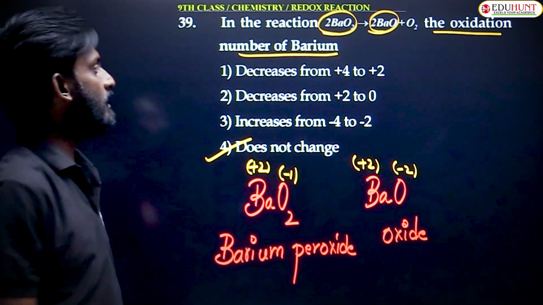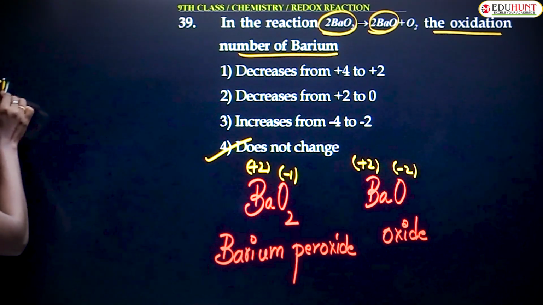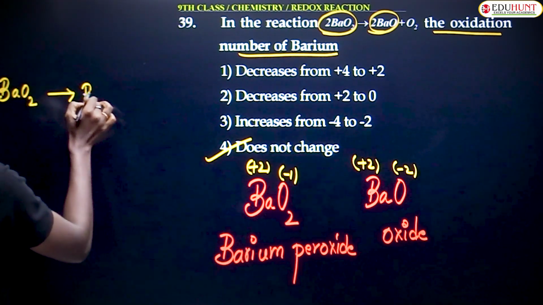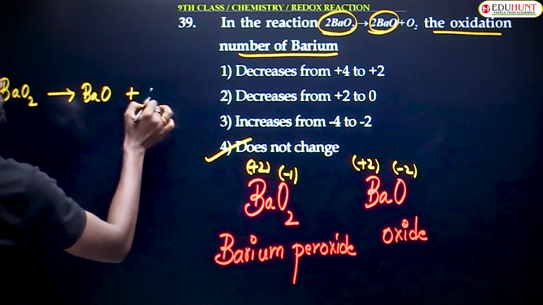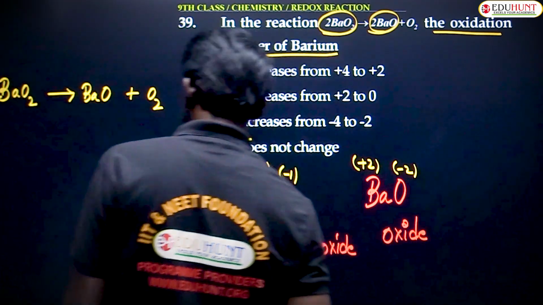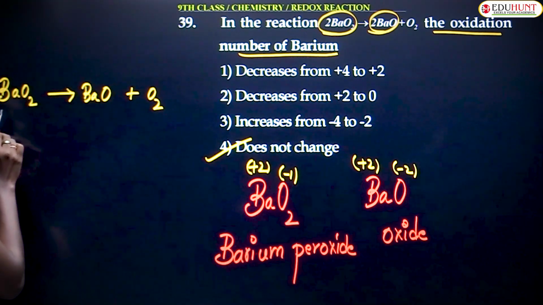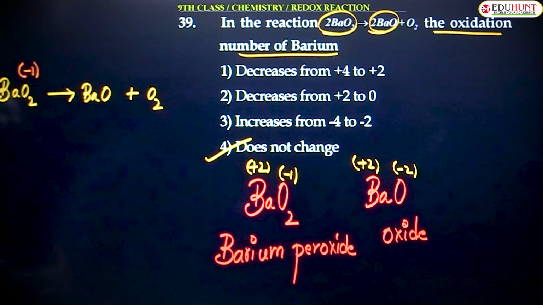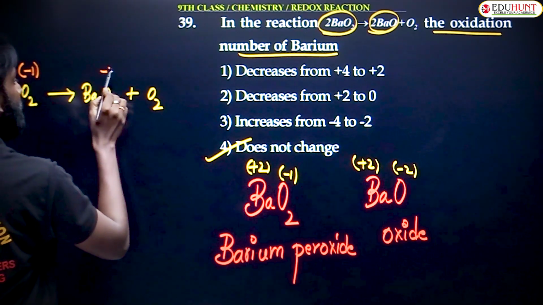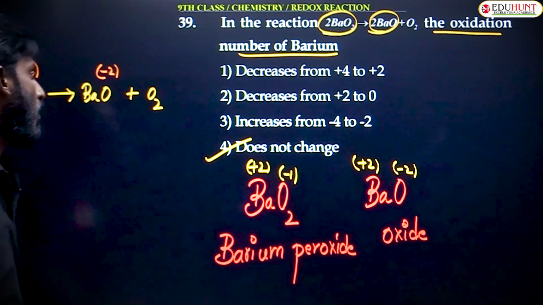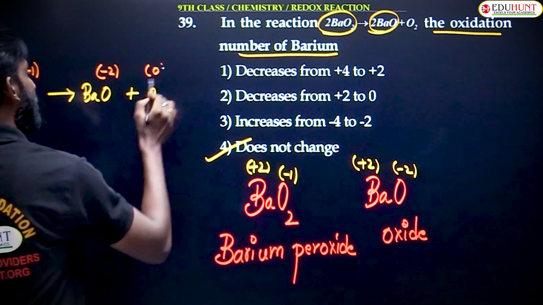Then what is changing here? Let me tell you this. BaO2, when it becomes BaO plus O2, what happened exactly here? In barium peroxide, the oxygen oxidation state is -1. Here oxygen oxidation state is -2, and this oxygen is in elemental form, so the oxidation state is 0.